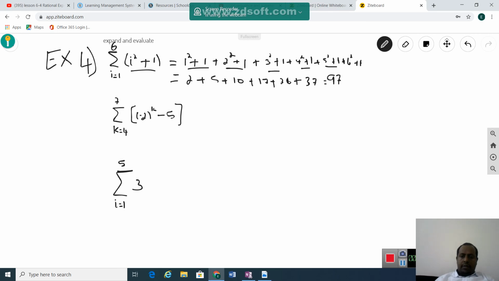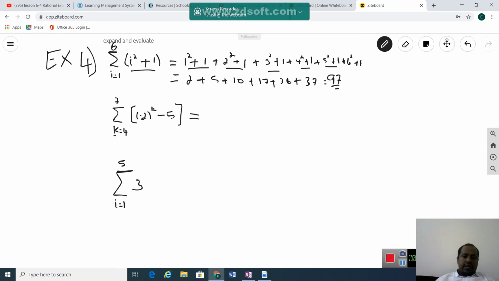Okay, 97. Let's go to the second one. Again, you are asked to find the sum of negative 2 to the power of k minus 5, where k runs from 4 to 7.